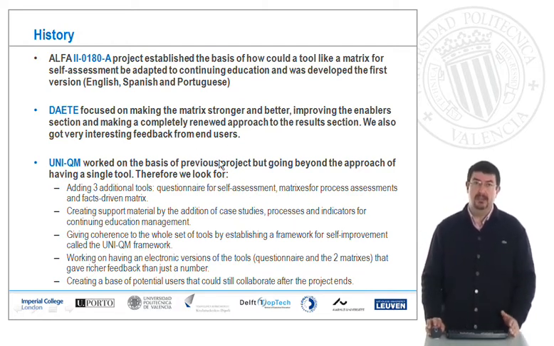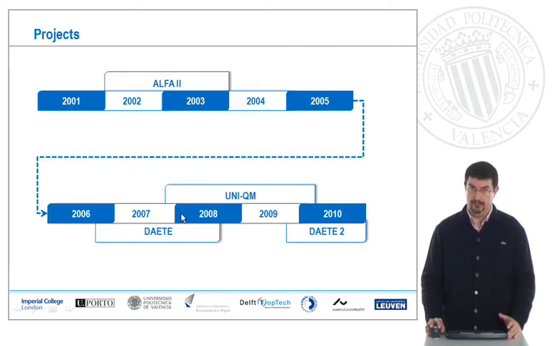These three projects have different orientations. Alpha was based on the self-assessment. DAETE was based on adapting the self-assessment tools, the matrix for self-assessment produced in the Alpha project, to the United States reality, introducing elements based on the results. And UNI-QM has been a step further, trying to include not only tools for self-assessment, but also tools for the learning process based on the PDCA approach.